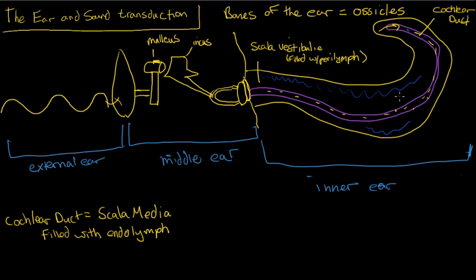So what happens to the rest of the sound that doesn't get picked up by the cochlear duct? So that's going to travel around and miss the cochlear duct and travel across something called the helicotrema. The helicotrema.